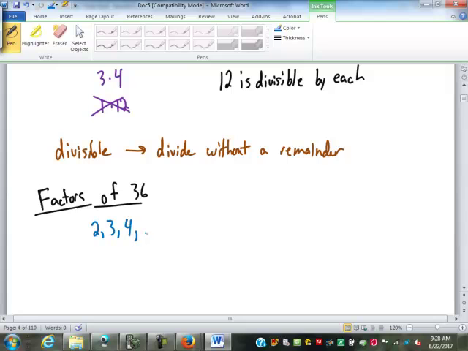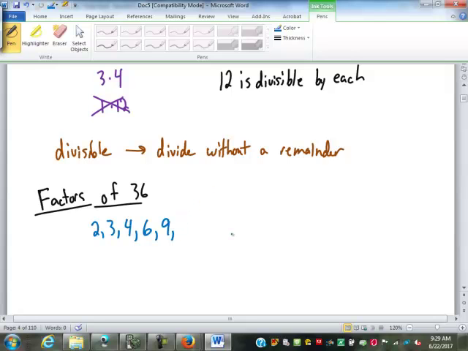5? No. 6? Yes. 7? No. 8? Careful. No, it doesn't. 8 does not. 8 gets 32 and 40. 9? Yes. 10? No. 11?